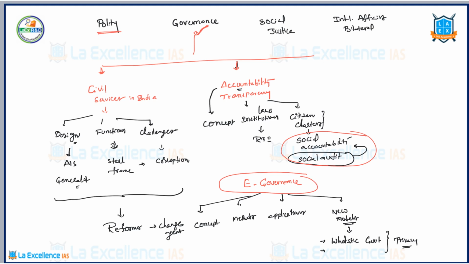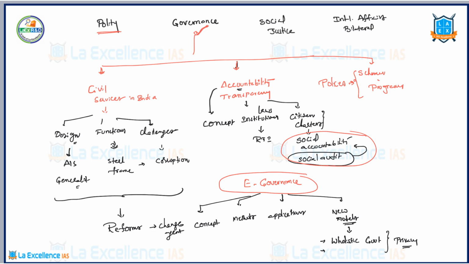Now, the next part of the discussion is that the government brings in various schemes and programs. These are the outcomes of certain policies which the government is making. So, policies, schemes, and programs of the government.